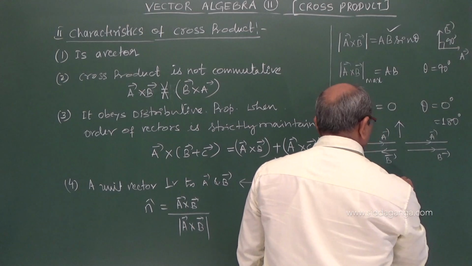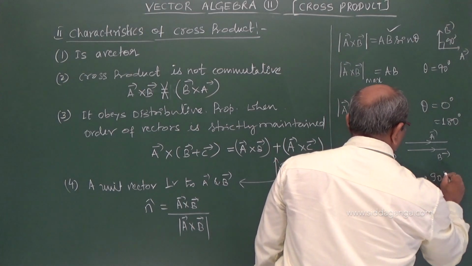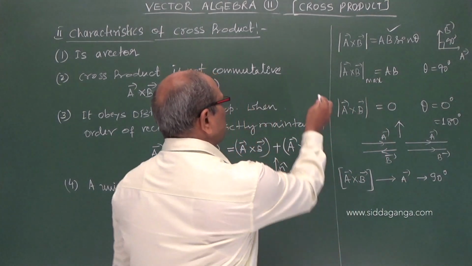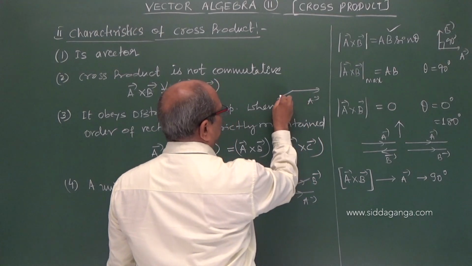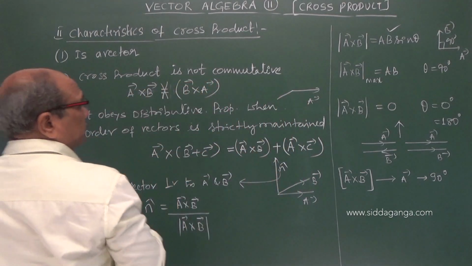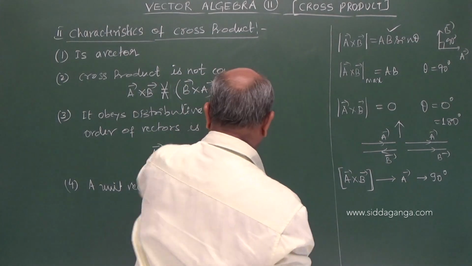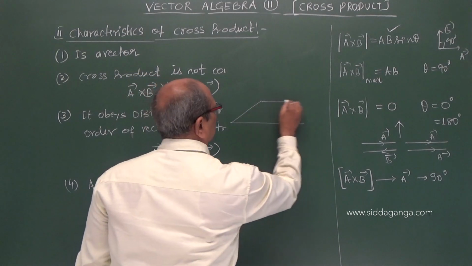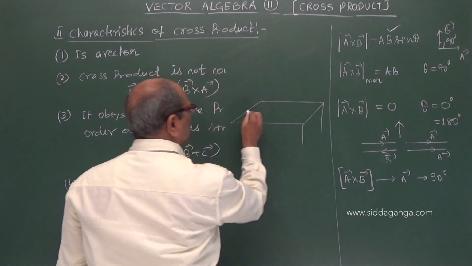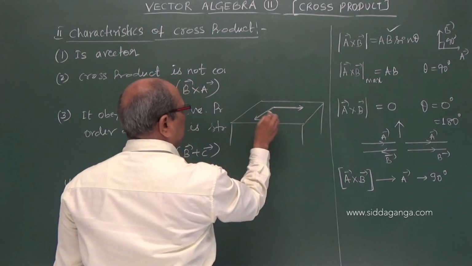You see, with respect to A, take the angle as 90 degrees. Suppose I take vector A and another vector B. Vector A and vector B are both in this plane.